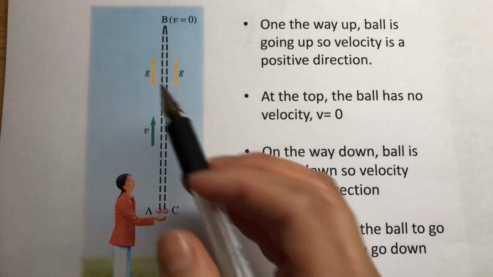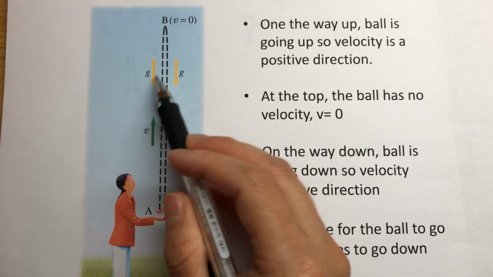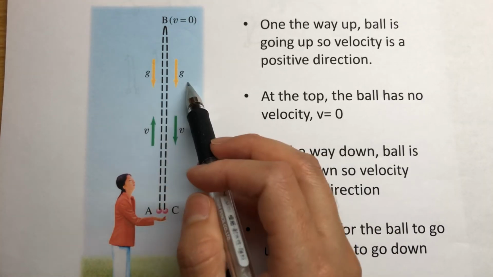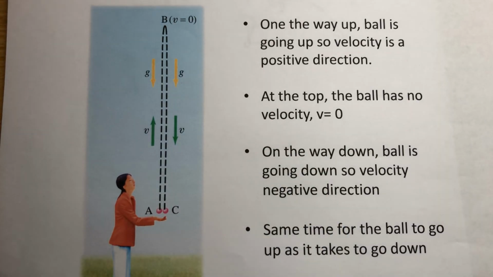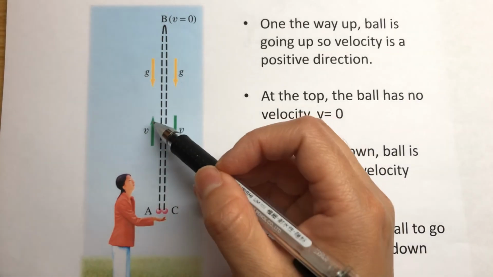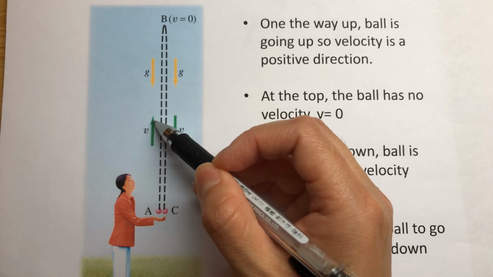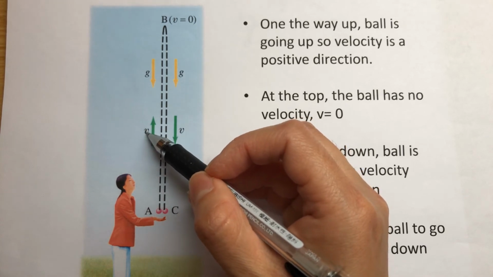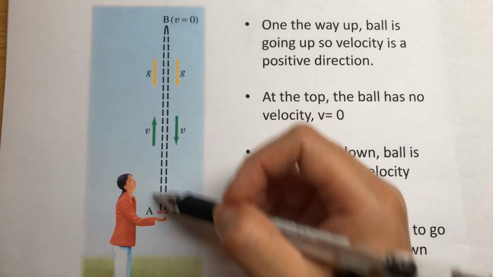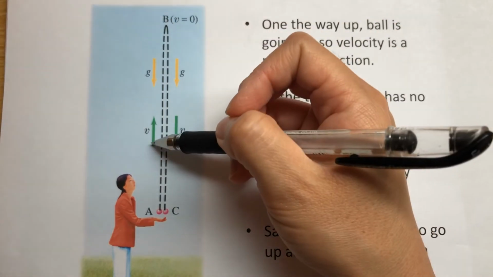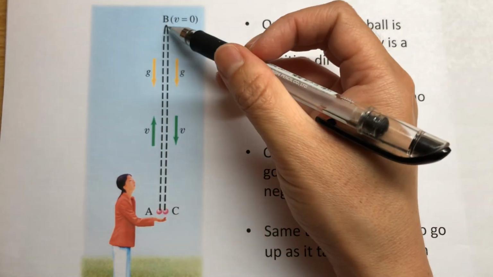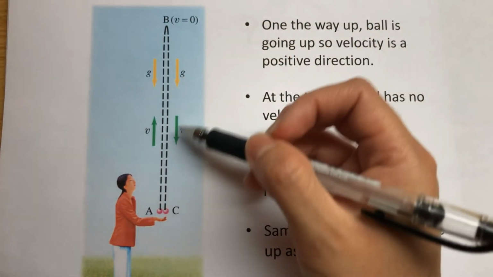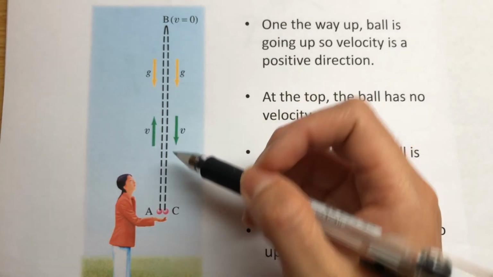Okay, so see here that gravity is always down, right? The acceleration of gravity is always down. The direction of velocity is up because you're throwing the ball up. So velocity is upward, and then the ball's going to drop down, so velocity here is downwards.